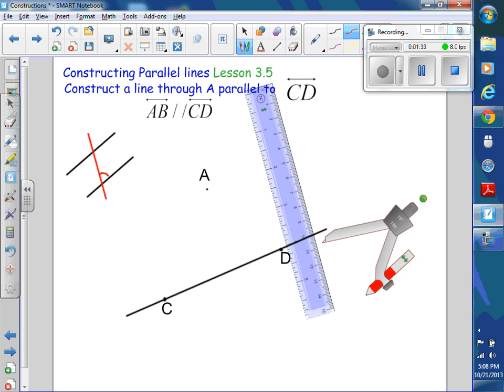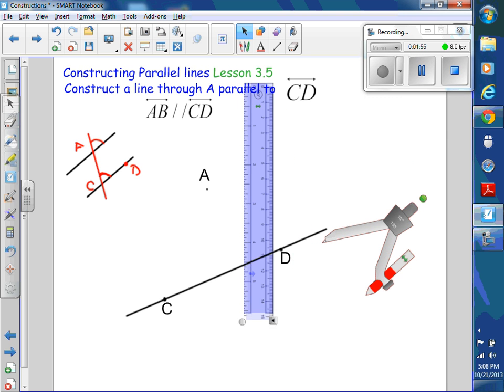So if this is point C, and this is point A, if I could figure out a way to copy point C in my construction up by this point A, I can create parallel lines.